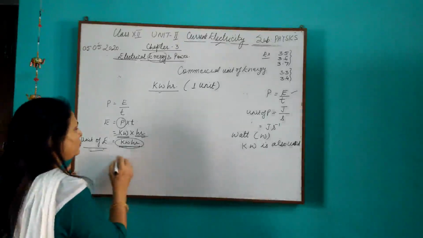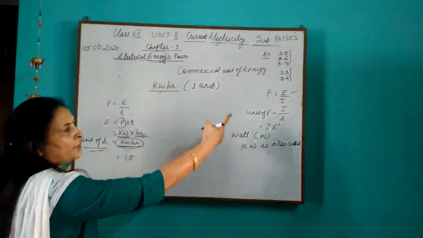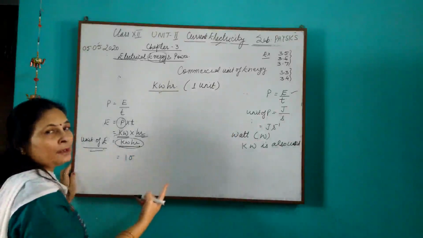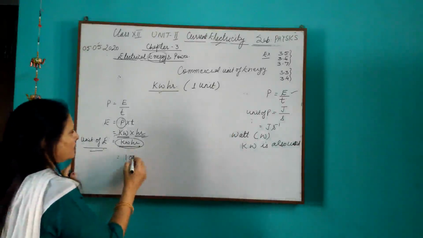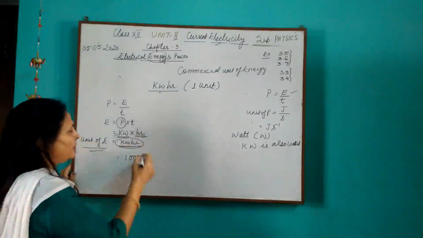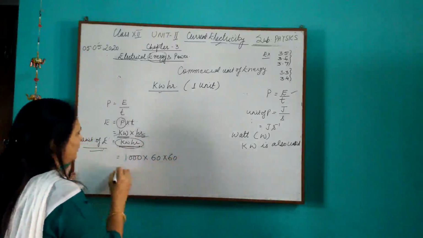We can convert it into joules also. When converting, I have to take energy in joules and time in seconds. So power in watts is 1000, time in seconds is 60 into 60.